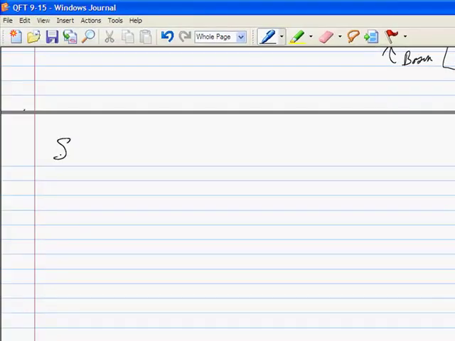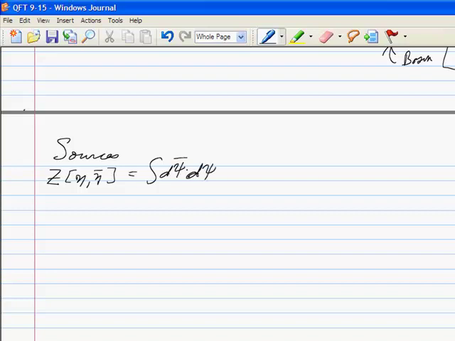All right. So now if we add sources, I'm going to want Z of eta and eta bar to be the integral d psi bar d psi e to the i integral d4x.